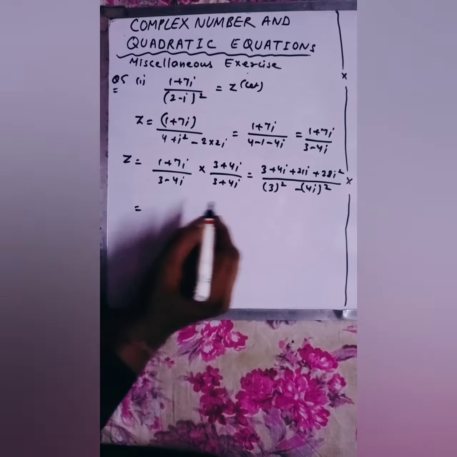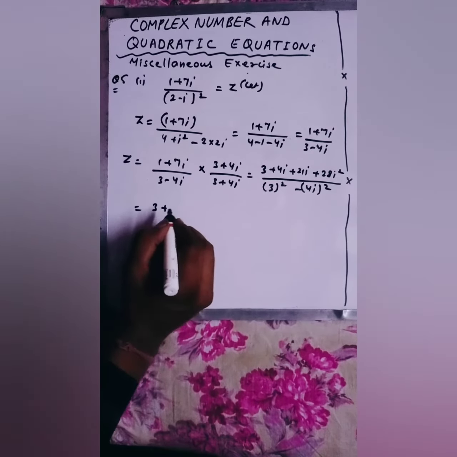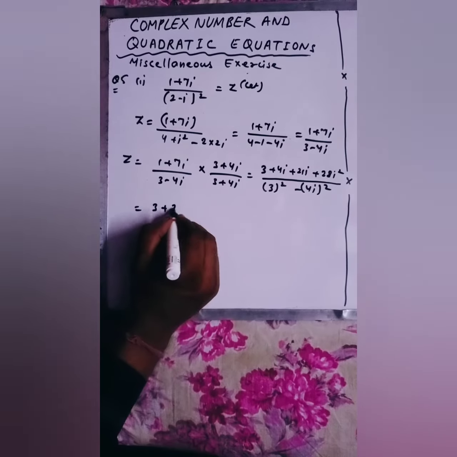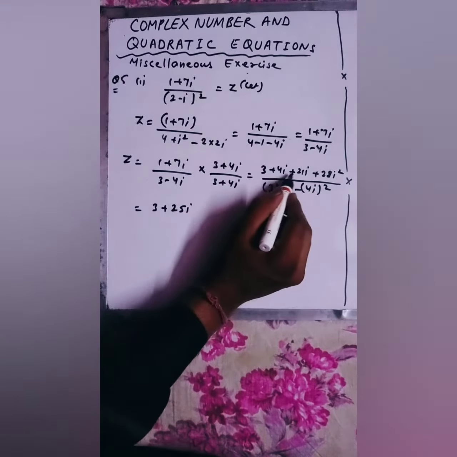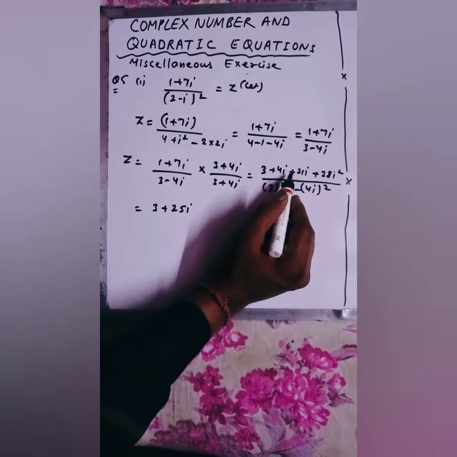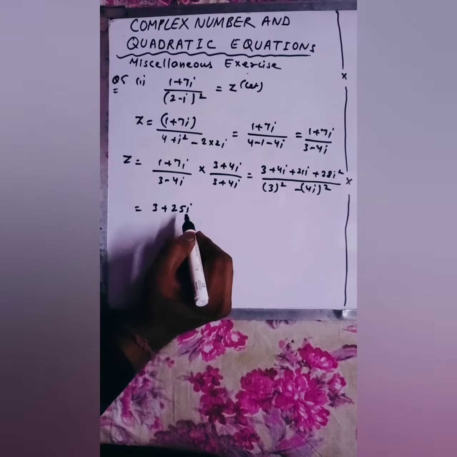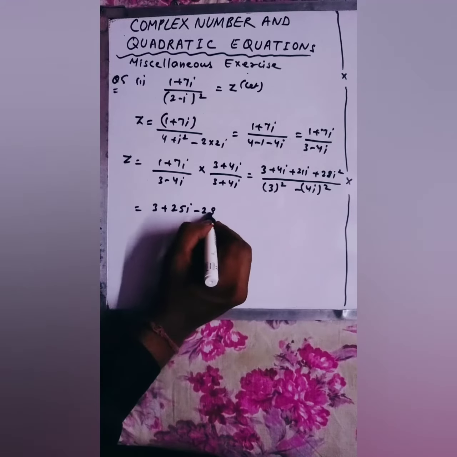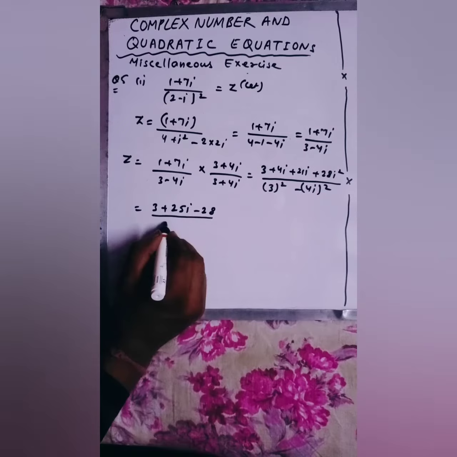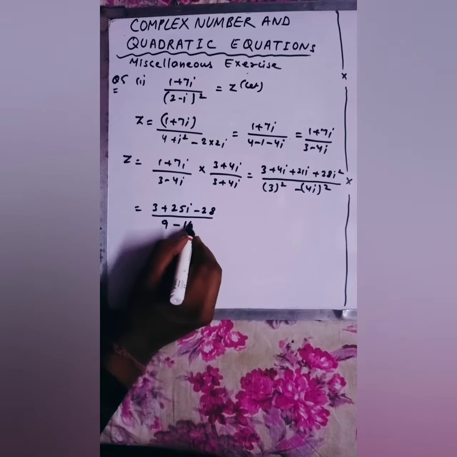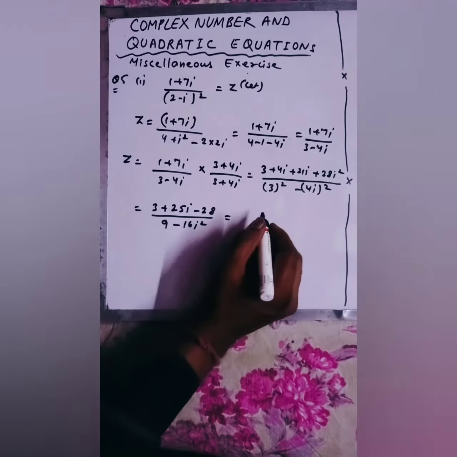That is equal to 3 plus 4 iota and 21 iota, that would give you 25 iota, and that will be minus 28 over 9 minus 16 iota square.